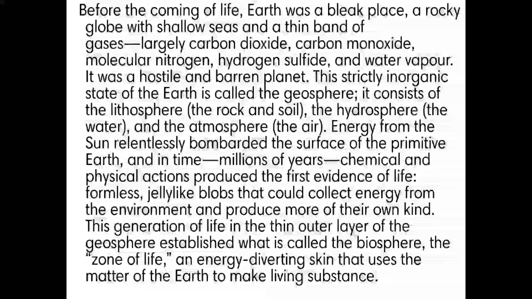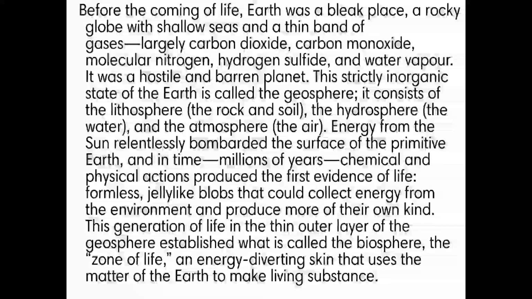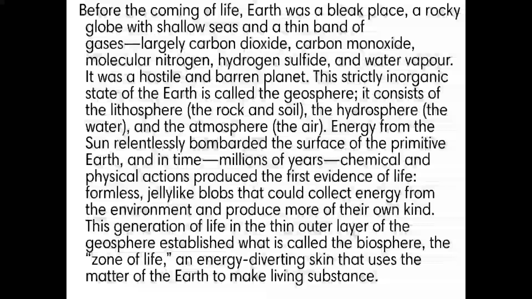It is a hostile and barren planet. This strictly inorganic state of the Earth is called the Geosphere. It consists of the lithosphere, the rock and soil, the hydrosphere, the water, and the atmosphere, the air.